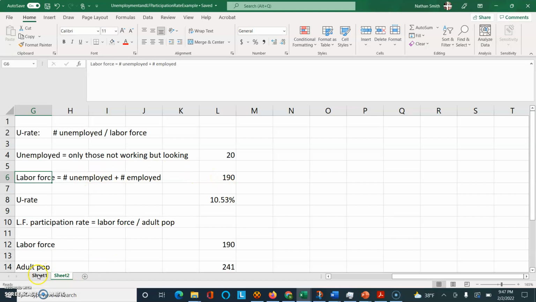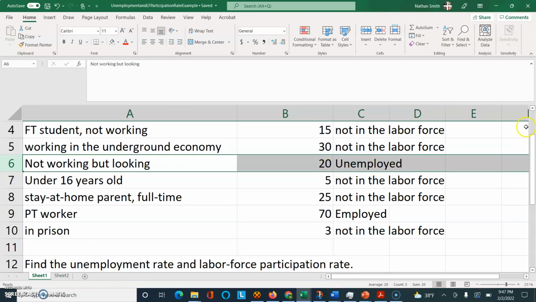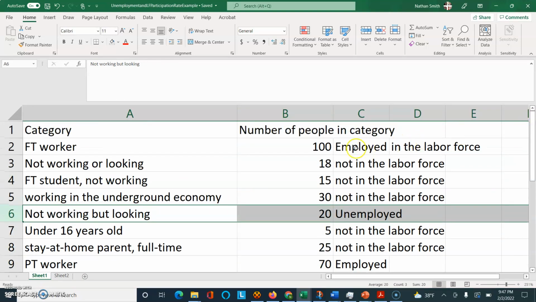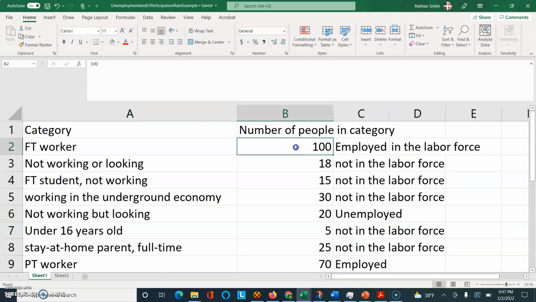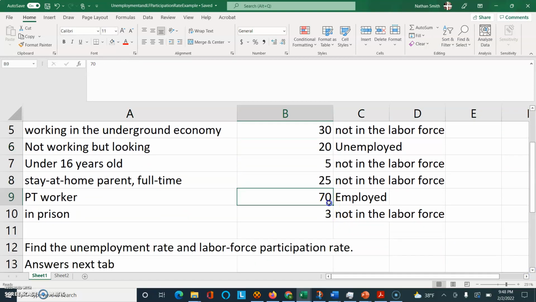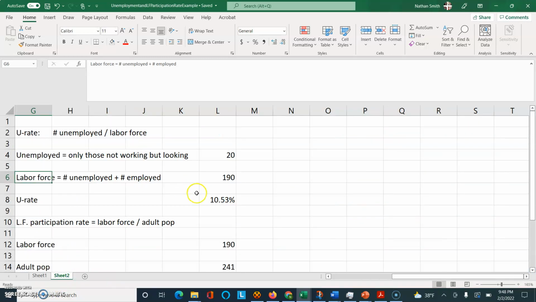So go back and look at your categorizations. We have 100 full-time workers who are employed plus 20 unemployed for 120, and another 70 part-time workers employed for a total of 190 people who are in the labor force.